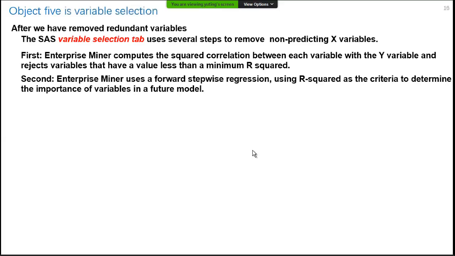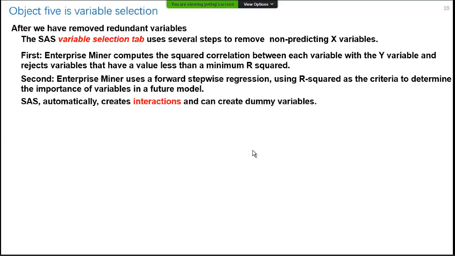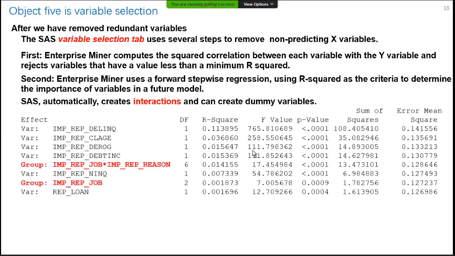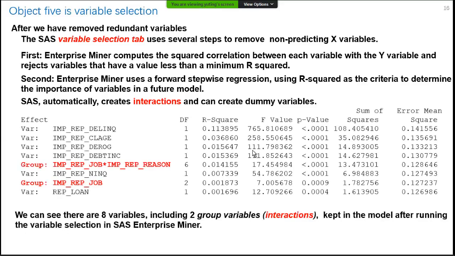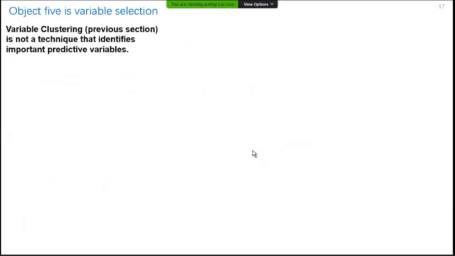Second, Enterprise Miner uses a forward stepwise regression using R squared as a criterion to determine the importance of variables in a future model. SAS automatically creates interactions and can create dummy variables. So we can see there are 8 variables, including 2 group variables that are interactions, kept in the model after running the variable selection in SAS Enterprise Miner.